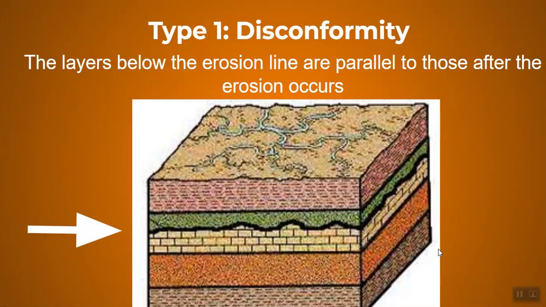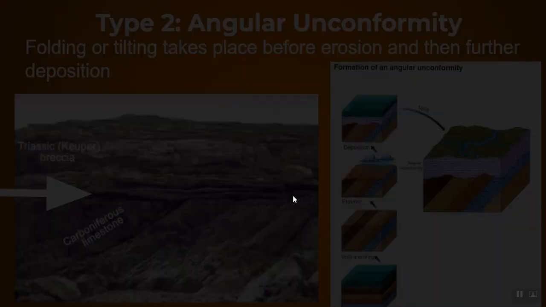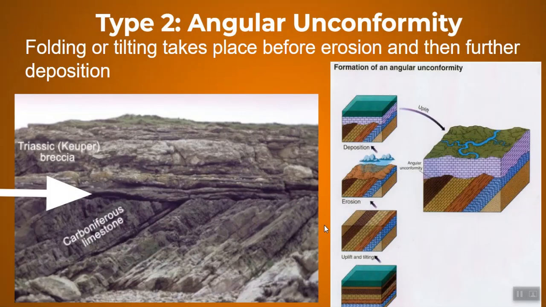The first type is a disconformity, and that's just where you have all sedimentary rocks, flat-lying sedimentary rocks, an erosional surface overlain by more flat-lying sedimentary rocks. That's a disconformity. The second type is an angular unconformity.